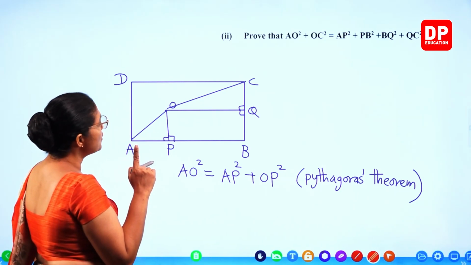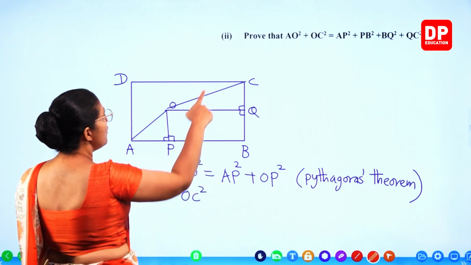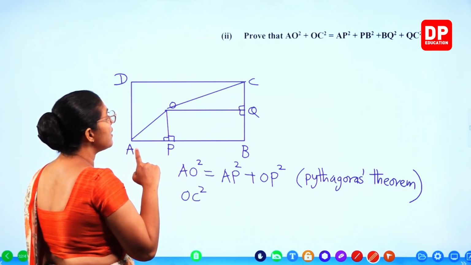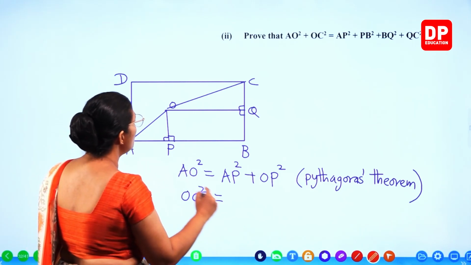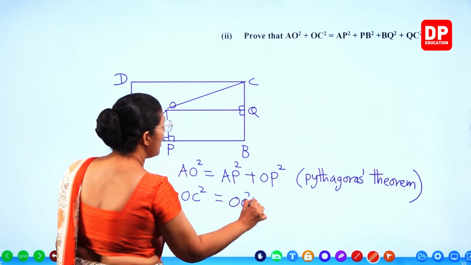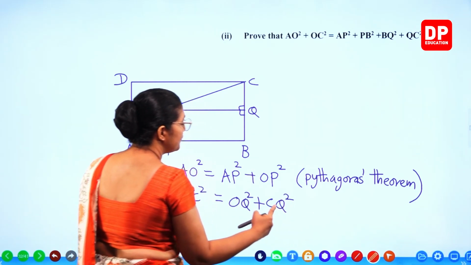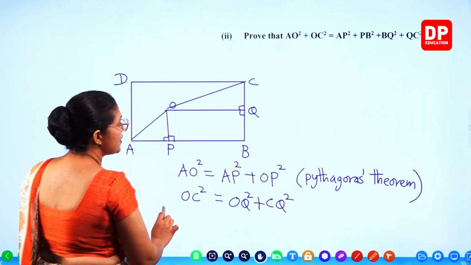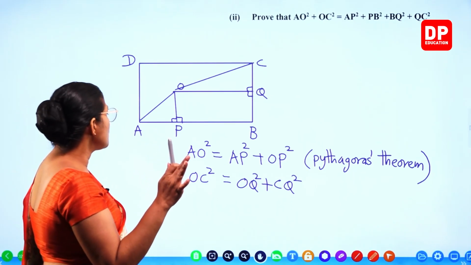Then you need OC squared. So what is OC squared? According to OCQ triangle, OC is the hypotenuse. That's equal to OQ squared plus CQ squared. That's also Pythagoras theorem. Now we'll add these because the left hand side is AO squared plus OC squared.